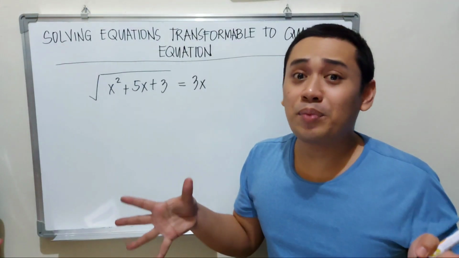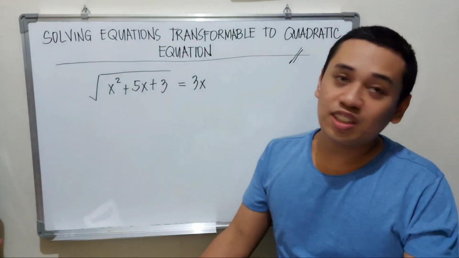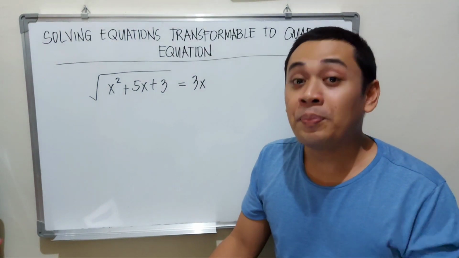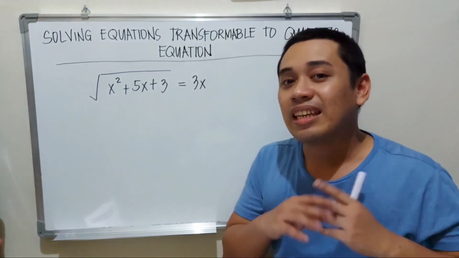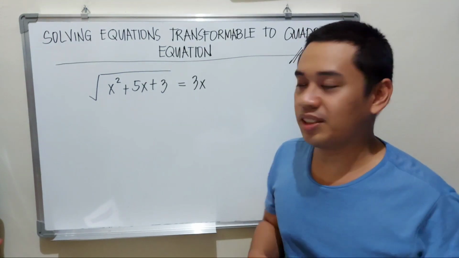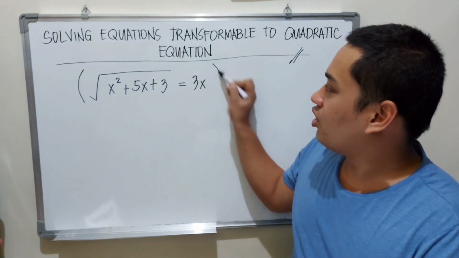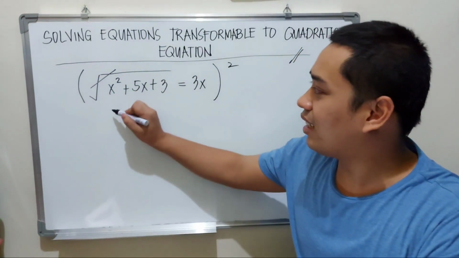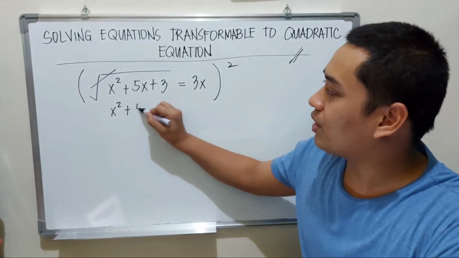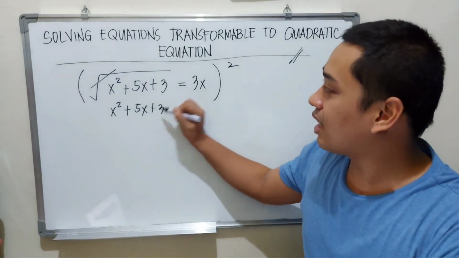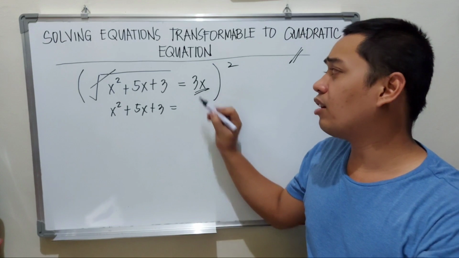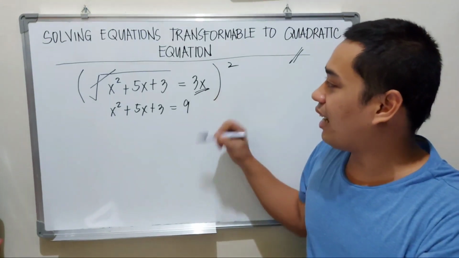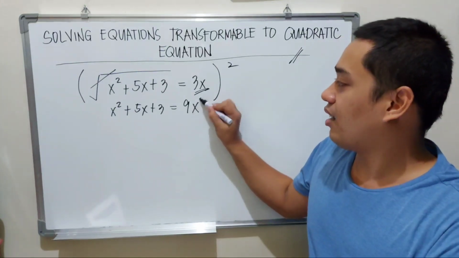So another example is square root of x squared plus 5x plus 3 is equal to 3x. The first step is to negate the square root sign. So we are just going to square both sides and the square root will be cancelled. We will just have x squared plus 5x plus 3 is equal to the square of 3x, which is 3 times 3, 9, x times x, x squared.